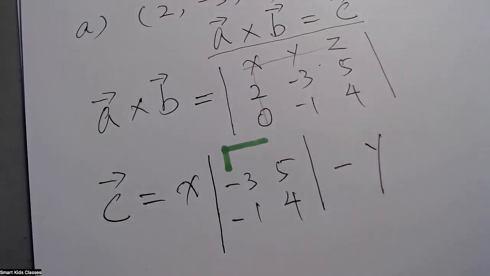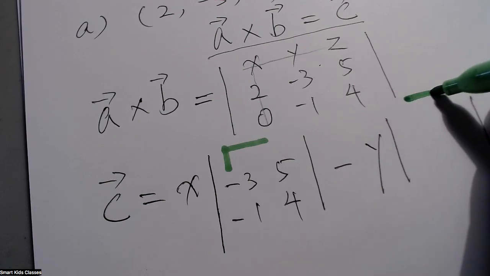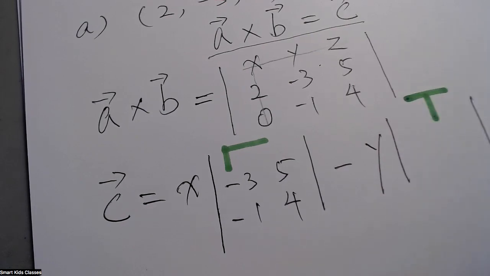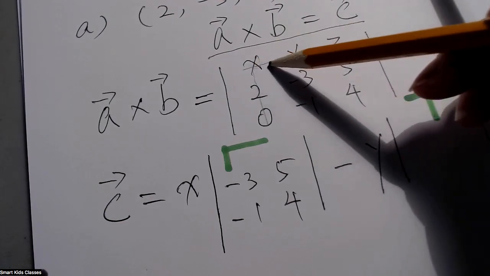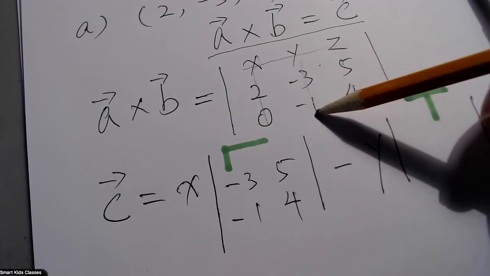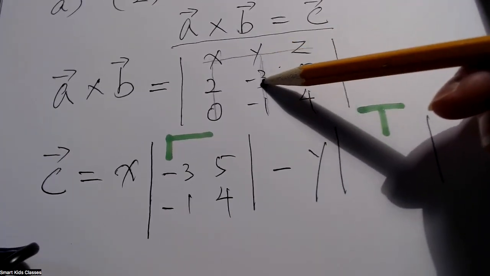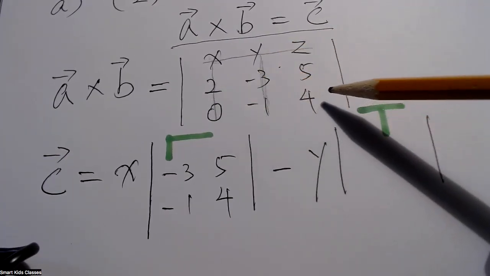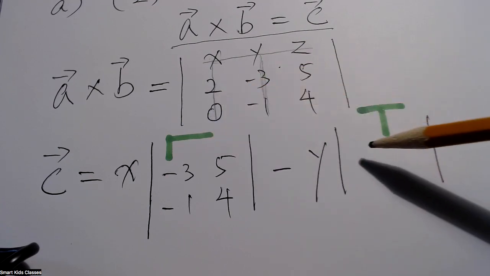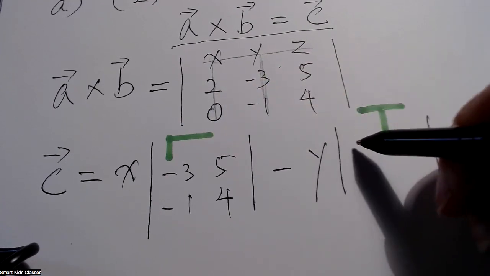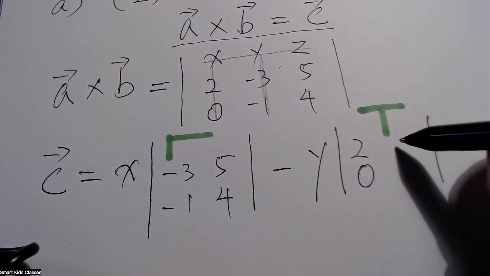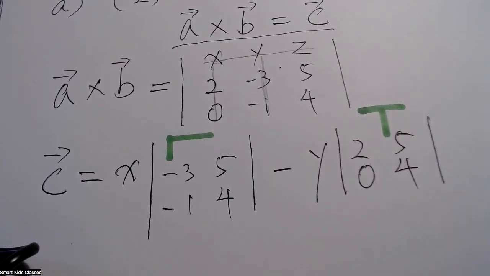The next one is for Y. For Y, we do a T shape: you draw a horizontal line and a vertical line. Whatever is left is the first column and the third column, and we move the numbers here directly: 2, 0, 5, and 4.